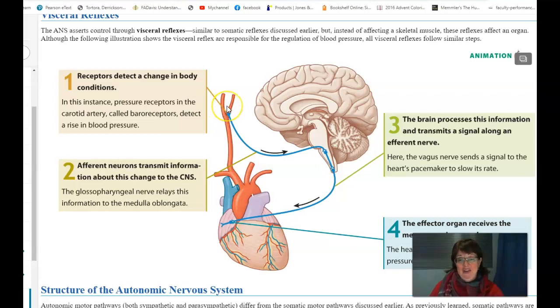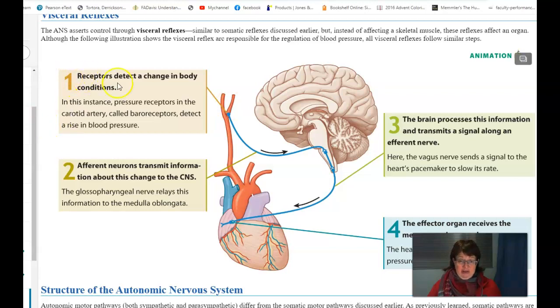Again, the only difference really is that you have a visceral receptor. The visceral receptor will send a message to the spinal cord, and in this situation, it goes to the sensory receptor in the medulla, at the top of the spinal cord. And then again, it's processed and it sends out an efferent message.